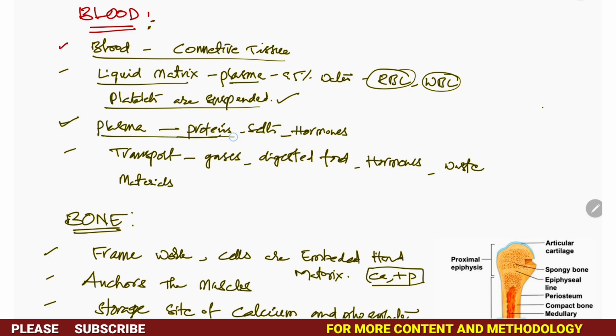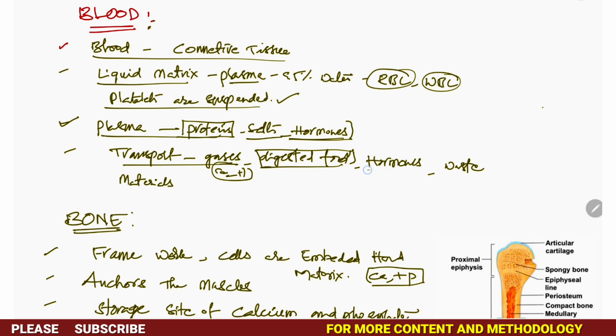The plasma contains proteins, salts and hormones. Due to the presence of hemoglobin in the RBC, it enables bonding with O2 and CO2, so that it enables the transport of gases from cell to cell. It also transports digested food, meaning nutrients absorbed from the small intestine, to every cell in the body.